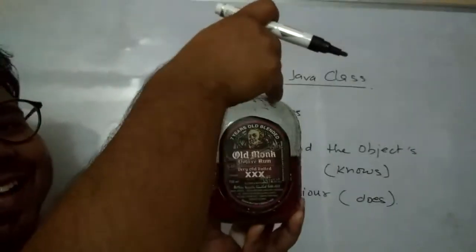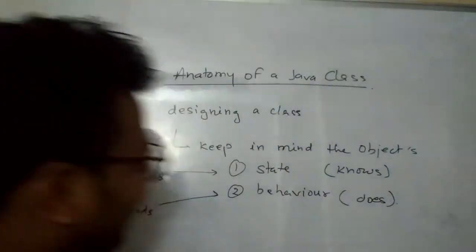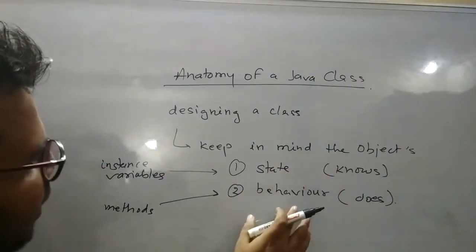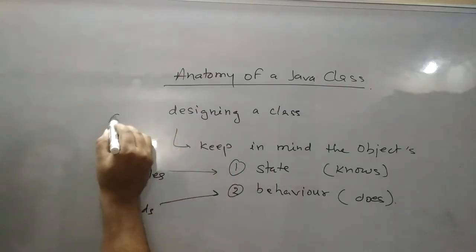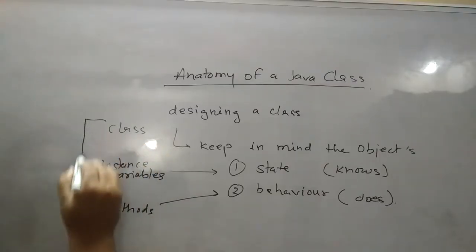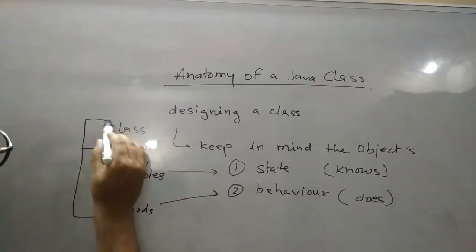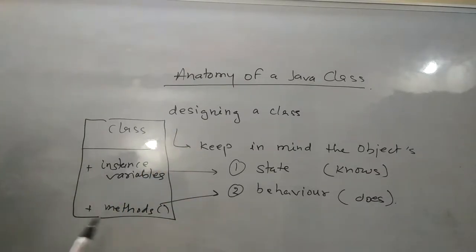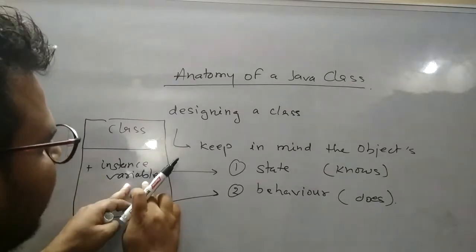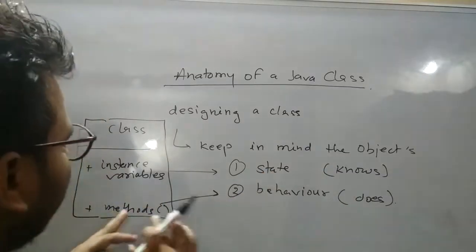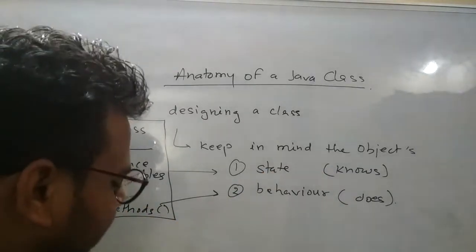And I think you know what this object does: the hangover. So the two things to keep in mind while designing a class are instance variables and methods. With instance variables we represent the state of an object, and with methods we represent the behavior.